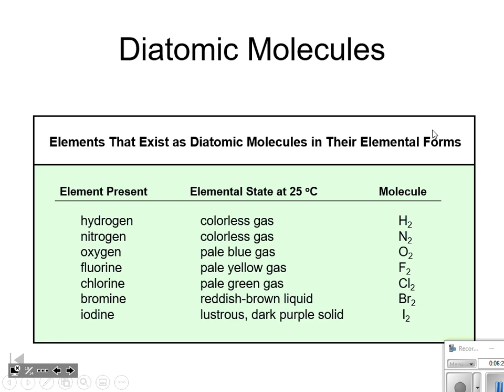So bromine is a reddish brown liquid. Iodine at 25 degrees Celsius, which is right around room temperature, is a dark purple solid. The rest of these are gases. Colorless hydrogen and nitrogen. Oxygen's a very pale blue, real pale, because you're not going to be able to tell it.